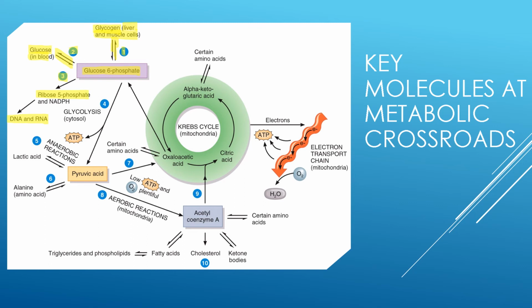And number 4 here is glycolysis. Most body cells are able to carry out glycolysis, and some ATP is produced when glucose 6-phosphate is converted into pyruvic acid.